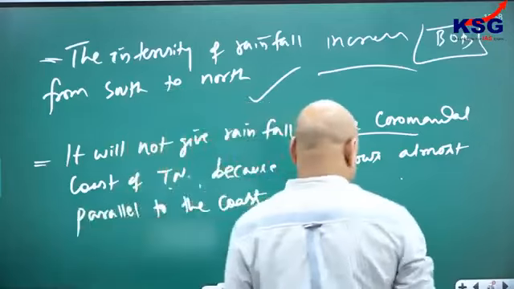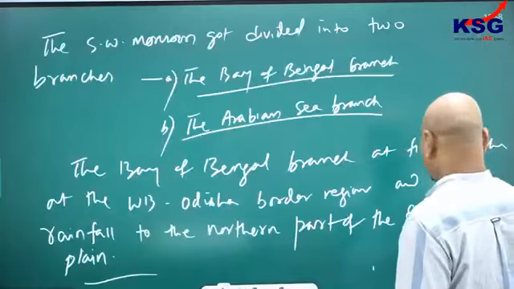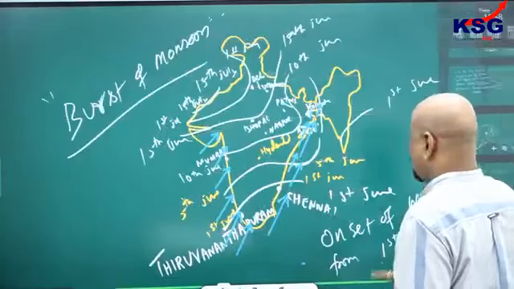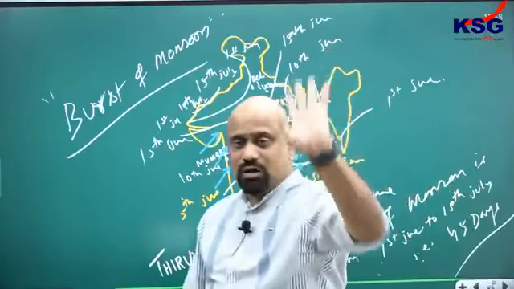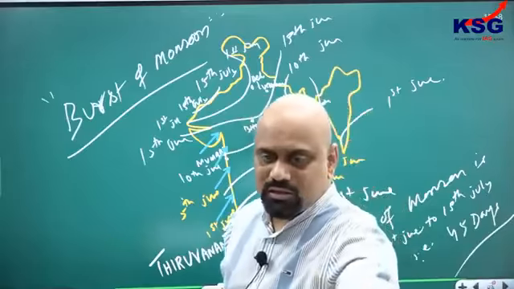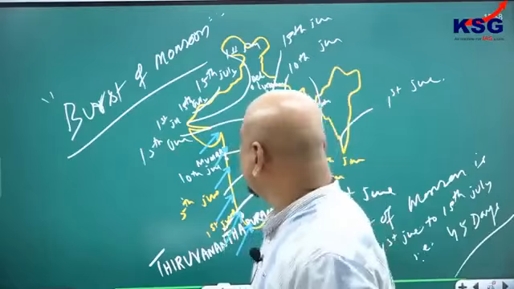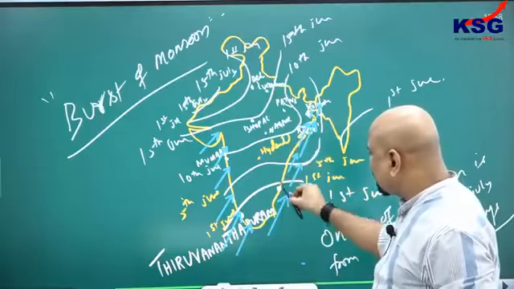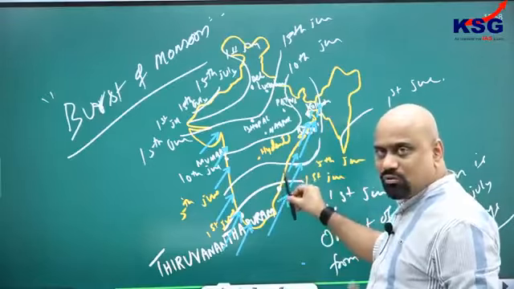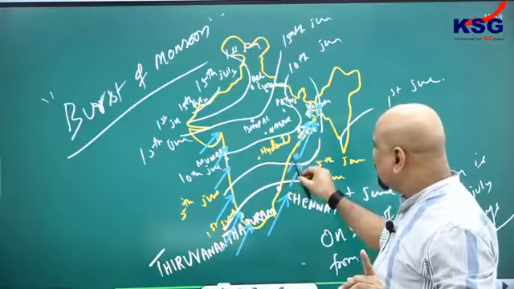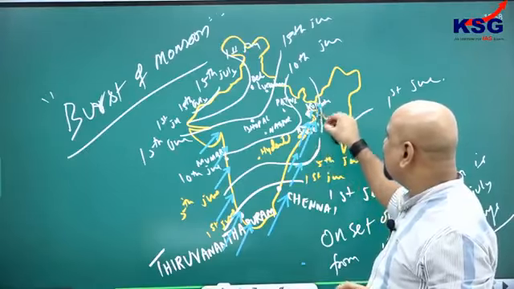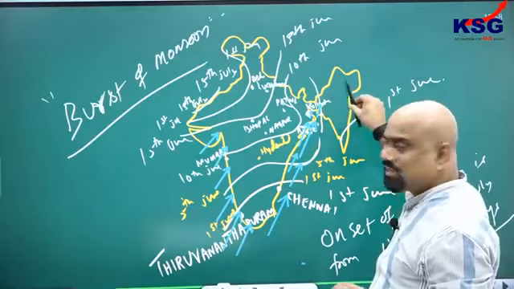The person who asked me this question, taking a slide here saying how it increases. Look, this wind is blowing like this, so here there will not be rainfall, the South West monsoon. Here you have around 75 cm, here 120 cm, 150 cm, here it is 450, 500 centimeter.